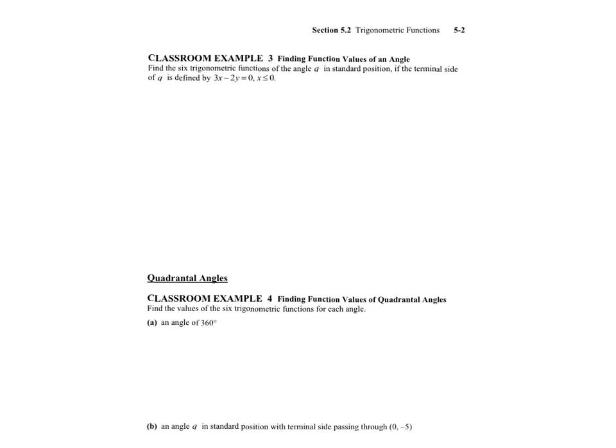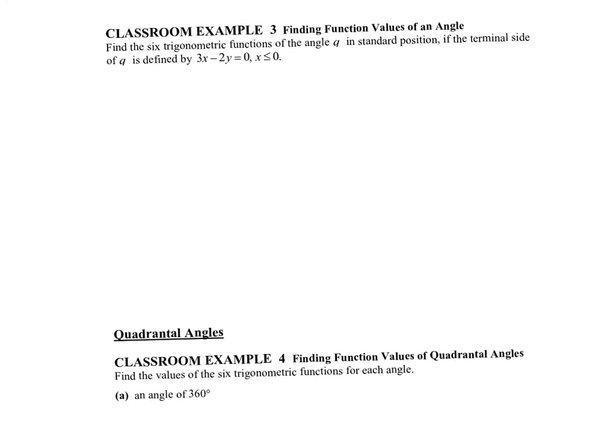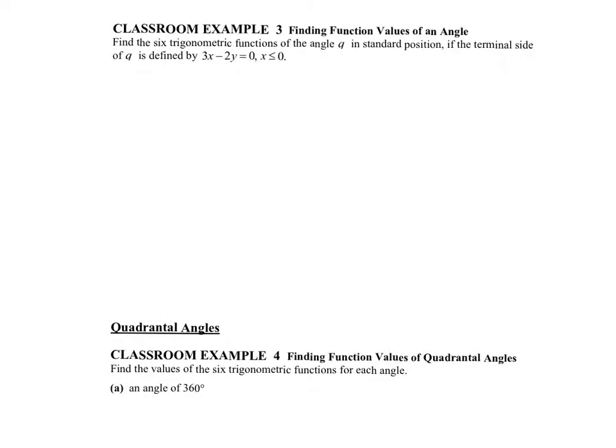Okay. Now, this one's a little bit different because it says find the 6 trig functions of the angle Q in standard position if the terminal side of Q is defined by 3x minus 2y equals 0, where x is less than or equal to 0. Okay, don't let that confuse you.